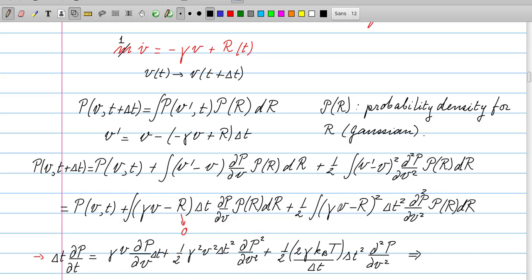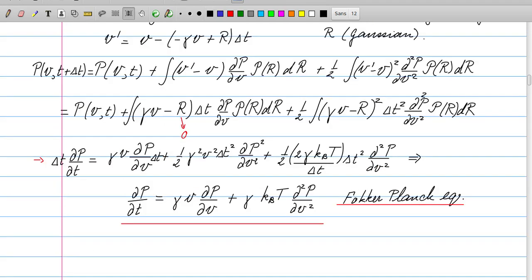Then I have a term which is linear in r, and I multiply that by curly p of r dr, so that's the expectation value of r itself, and that vanishes. And then the last term is the term where I have an r squared. But I know what the expectation of r squared is because that's the width of the Gaussian. We have seen before that it was 2 times gamma times k_B T. And therefore the result is this line here.